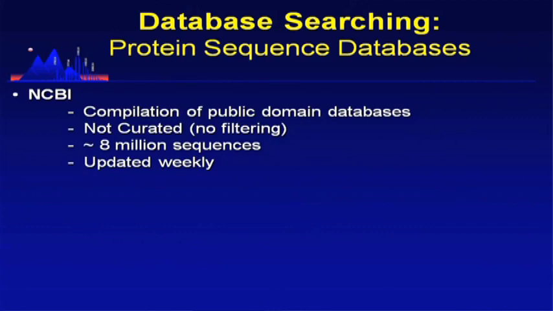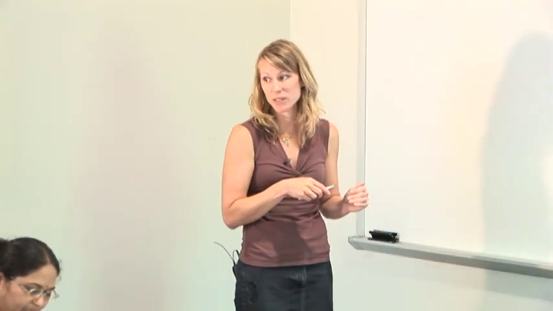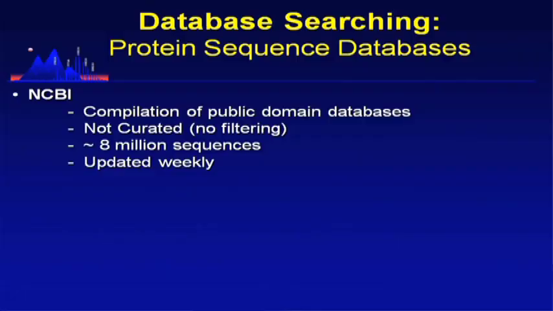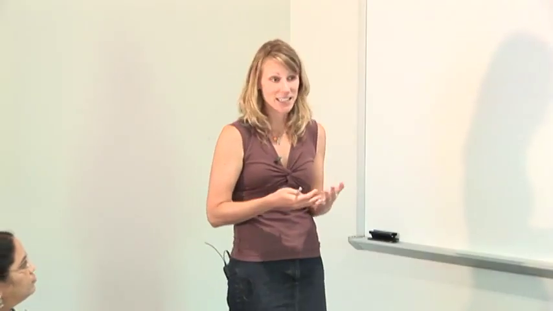And they maintain a very large public database. This is a very old number, I think. It's well over 8 million sequences now. And when we do a live search this afternoon, we'll see where it's at today. I think of it as basically a compilation of many public domain databases. It's sort of like a repository. There's nobody monitoring what's getting dumped into this database. So it's not curated at all. So there's a lot of redundancy, duplicate entries, and errors.